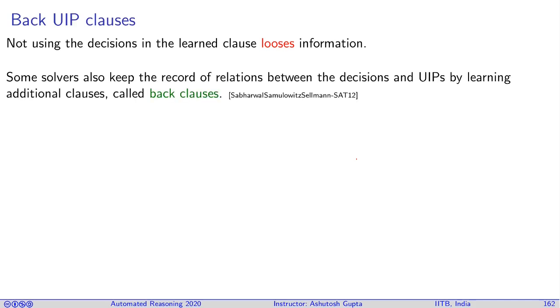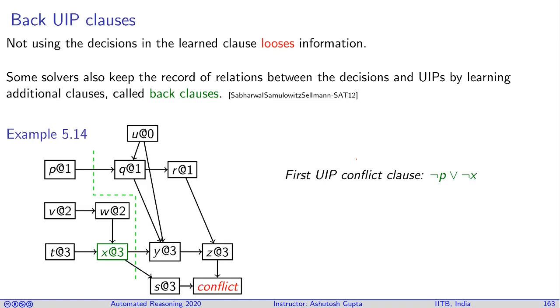It records the relation between the original decision variables and the nodes that are at the cut. For example, in this green cut, T and V were replaced by X. So now you need to remember the relation between T, V, and X: that by setting T and V true, X became true.